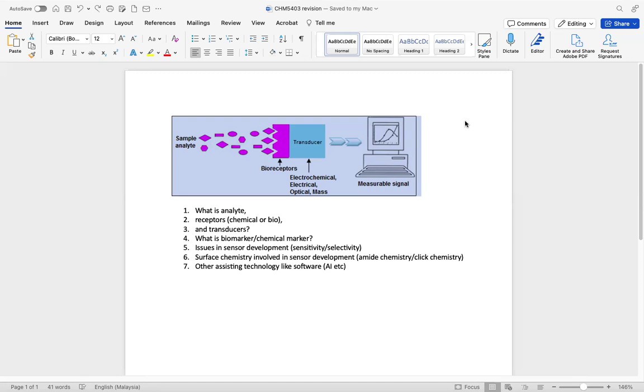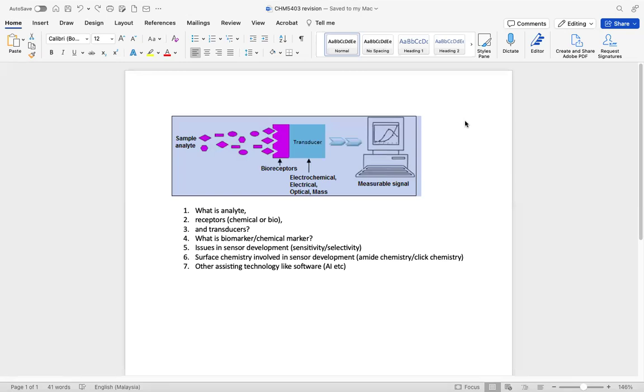It's not necessarily medical related. For example, you may need something to test water, or to test if there is a gas leak in a certain industry. We heard about ammonia, we heard about toxic gas.